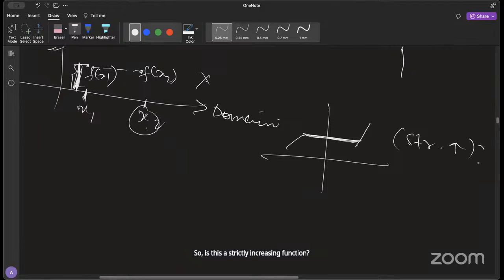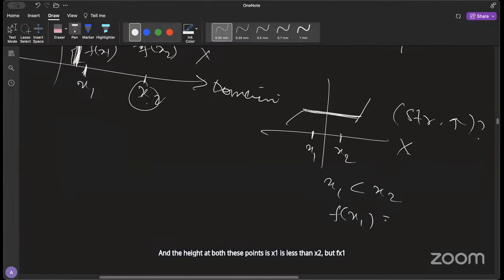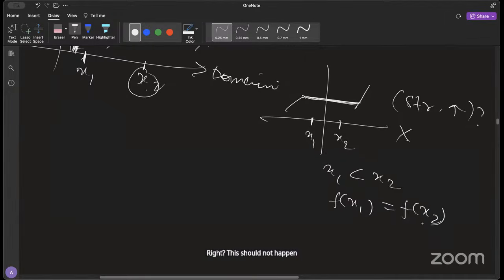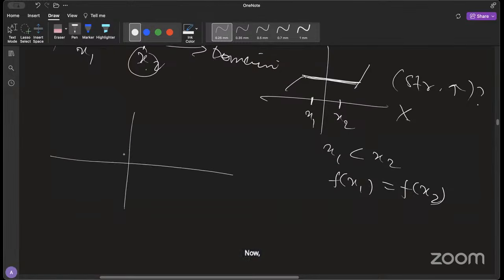No, it's not a strictly increasing function because you have 2 points x1 and x2, where x1 is less than x2, but f(x1) is equal to f(x2). This should not happen. Your f(x2) should have been strictly greater than f(x1). That's the problem. Now coming to this one.